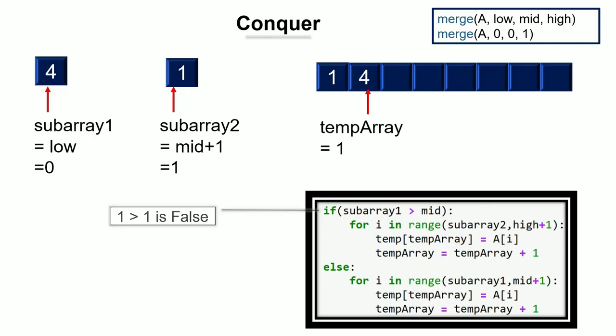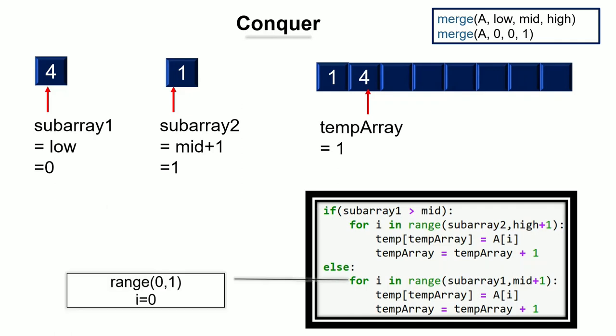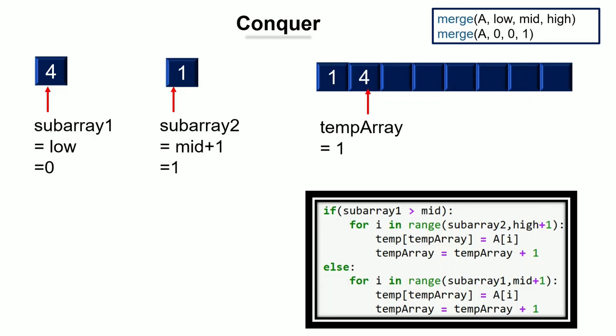That we check with the help of: if subarray 1 is greater than mid. 1, is it greater than 1? No. So it comes to the else part. So for the range from 0 to 1, that is for the value i equal to 0, write into the temporary array the value 4.